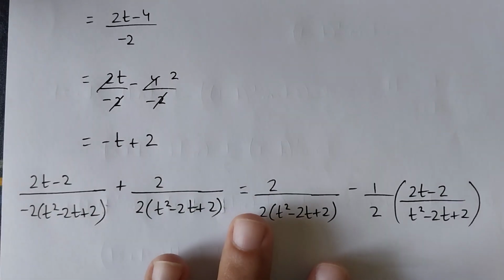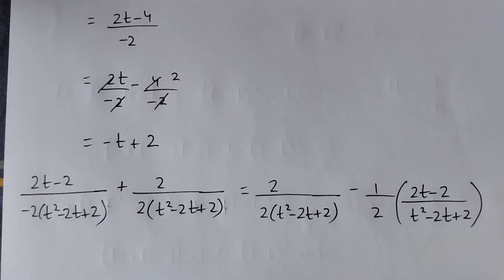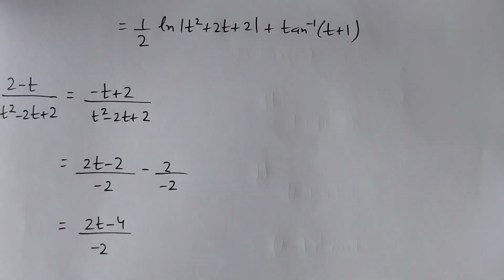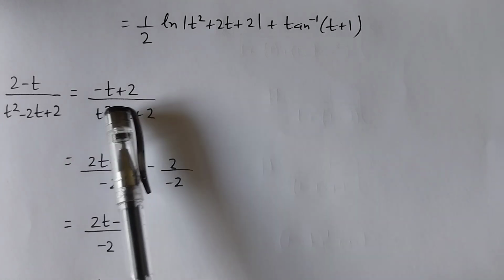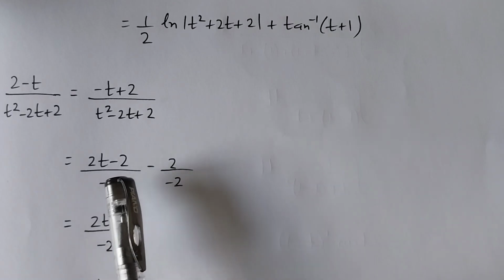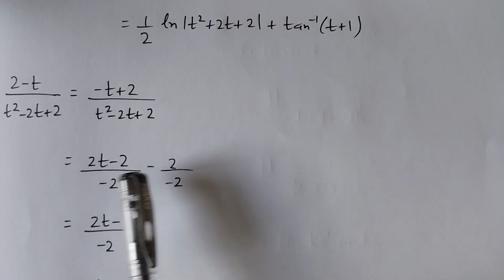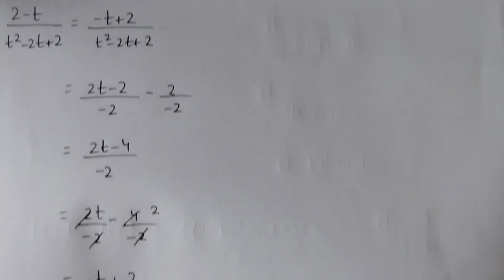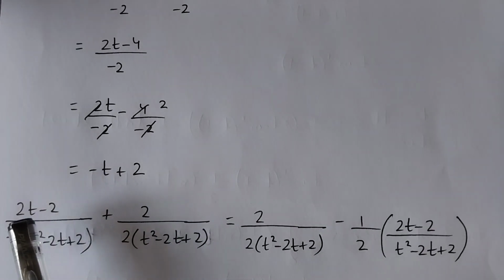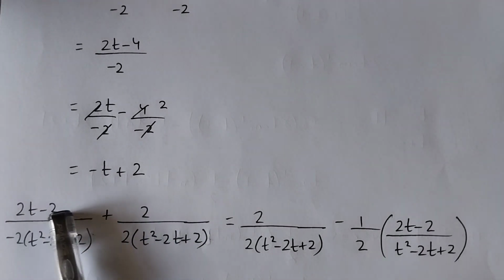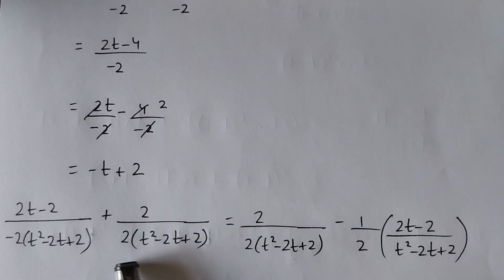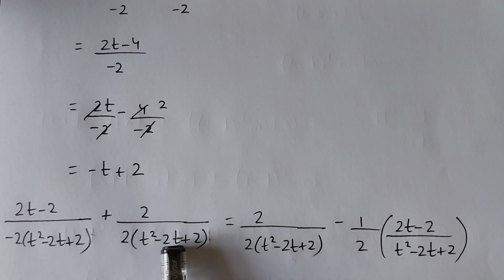So as I said, this minus t plus 2 we need to write as a combination of these two fractions, so that we can easily integrate. I've written that minus t plus 2 in the form of 2t minus 2 over minus 2 times t square minus 2t plus 2, minus 2 over minus 2 times t square minus 2t plus 2.